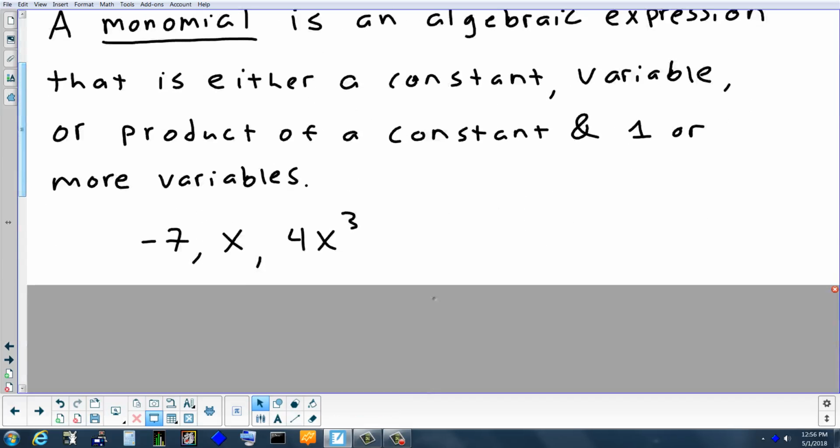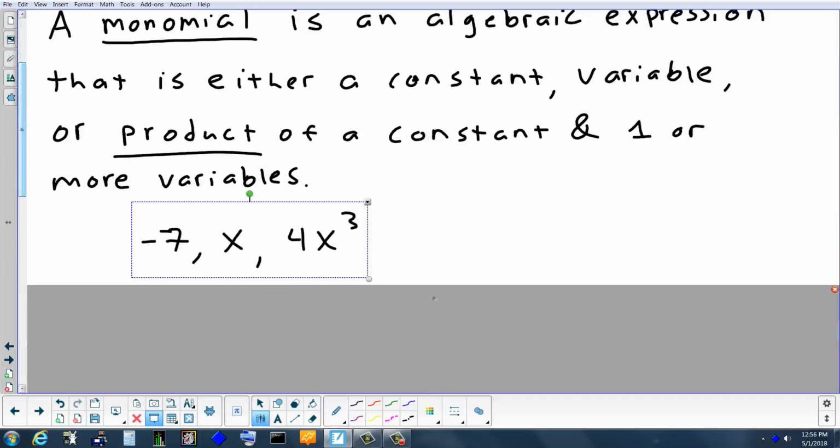That is a monomial, -7. It's a constant. The second thing, that's a monomial because it's a variable. Look at the third thing. It's the product of two things, a 4 and an x cubed. That's the product of a number and a letter, 4x cubed.